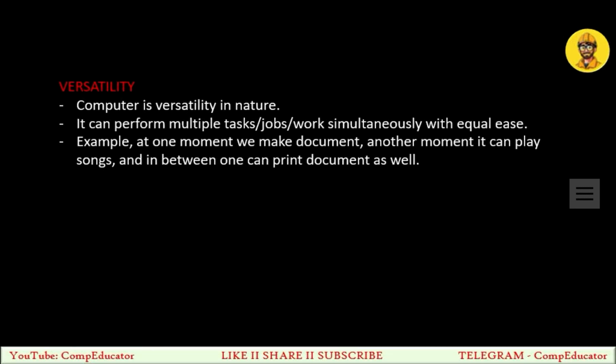Next, versatility. This means our computer is versatile in nature. What does that mean? It means the computer can perform more than one task, it may be two, three, five, six thousand, hundreds, millions. The computer can perform multiple tasks simultaneously with equal ease.